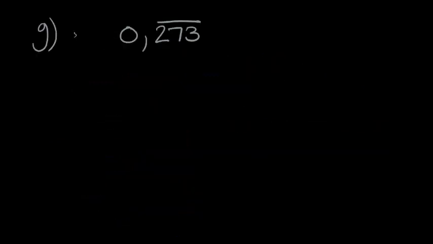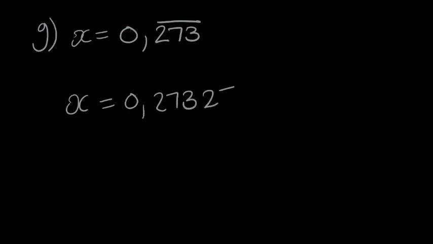Those two cancel out. X is equal to 32 over 99. The next question says, let x equal 0.273 recurring. Now this line on top of 273 is the same as the dots. So this means that x is equal to 0.273273273 until infinity. I've got 3 digits behind the decimal, 1, 2, 3.